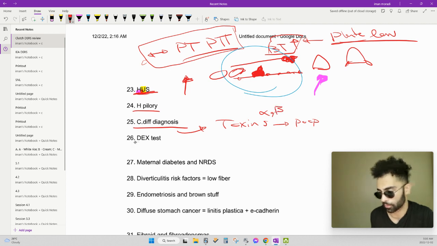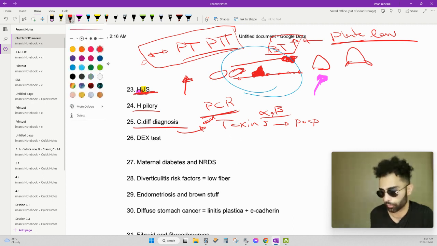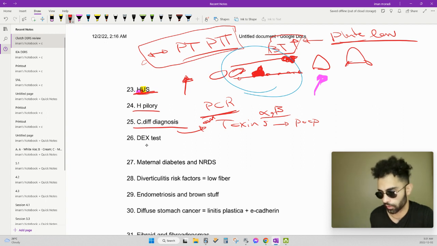I may not be remembering properly, but it's not useful to do PCR because a lot of people might have C. diff, but not necessarily the toxic type. So we look for the toxins in the feces, the liquid feces.